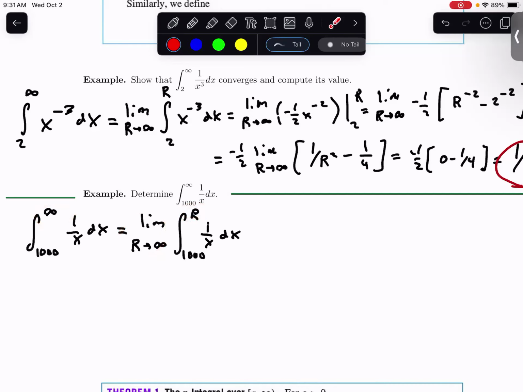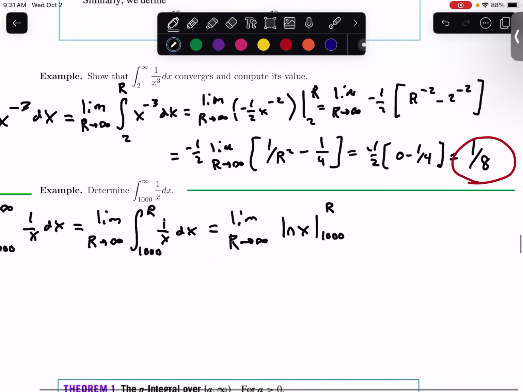So now we have an integral over a finite domain. And so this is really going to be equal to the limit as r goes to infinity of the natural log of x, right? We know the integral of 1 over x is the natural log of x. So this is the limit as r goes to infinity of the natural log of x, evaluated from 1,000 to r.